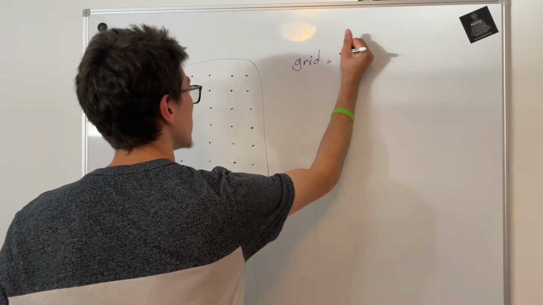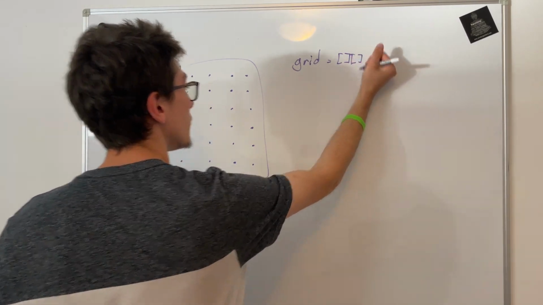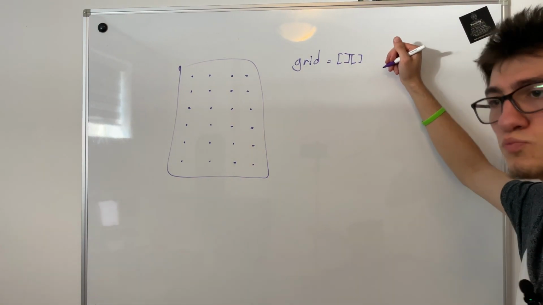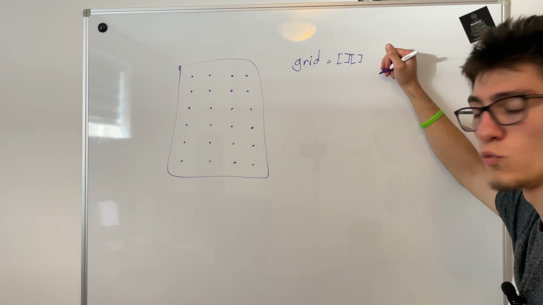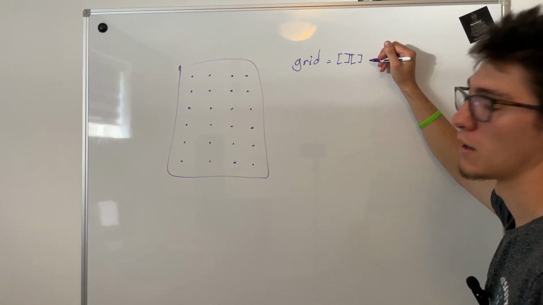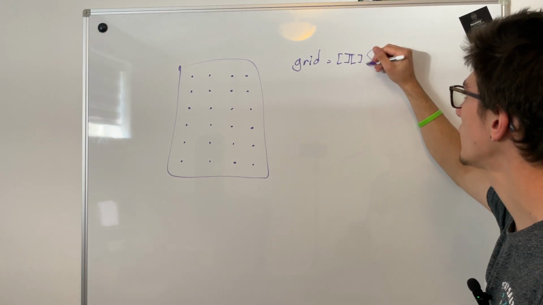which will be a 2D array, right? And we could use squares. Yeah, sure. So we'll have a grid of squares.